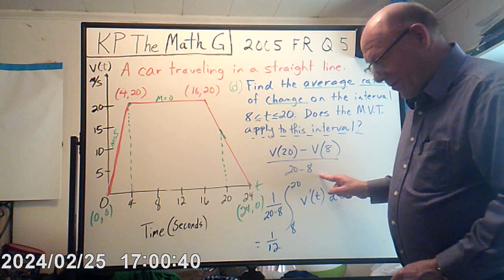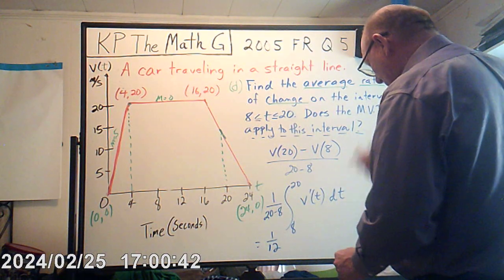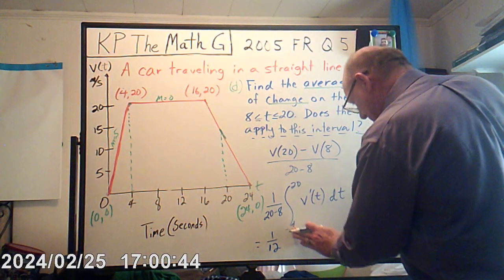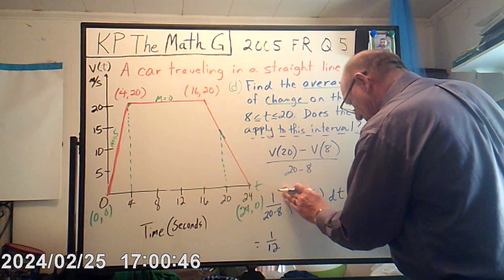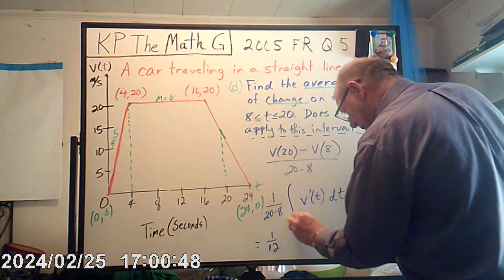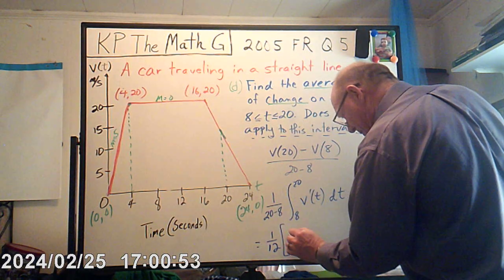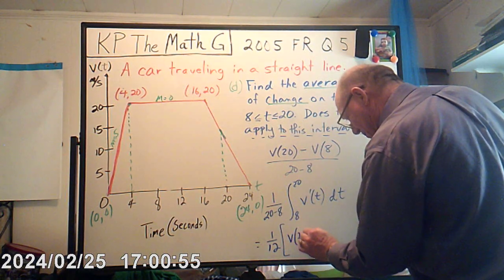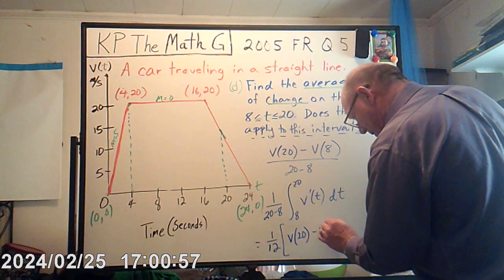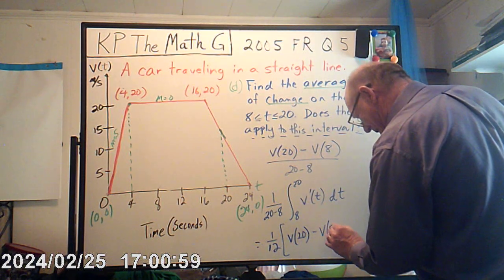That's correct, it's 12, isn't it? Now, let me make this where it's not so stretched out. Now 20 and 8 right here, and this is actually v at 20 minus v at 8.